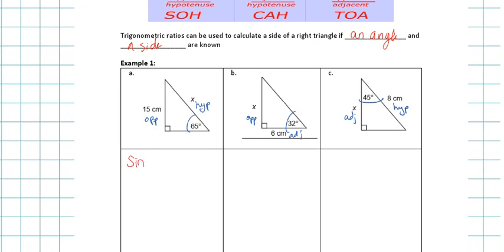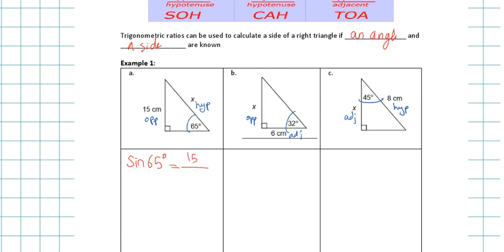Sine, cosine, and tan are always accompanied by an angle, either a letter angle or a value angle. Okay? So sine 65 equals, what's the opposite? 15 over the hypotenuse, which is x.